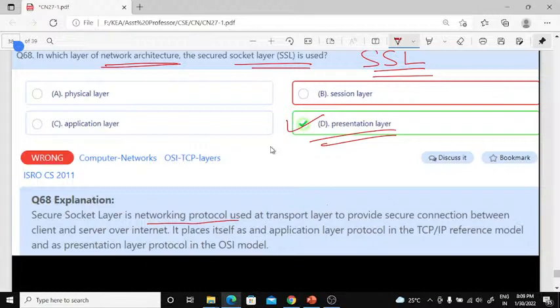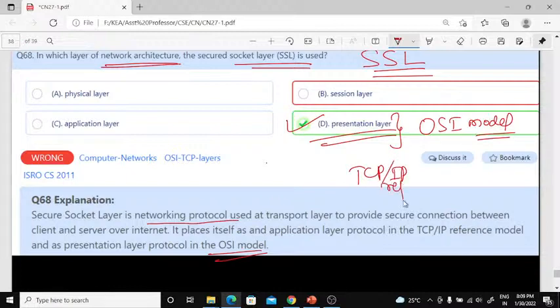It places itself as an application layer protocol in the TCP/IP reference model and as the presentation layer in the OSI model.